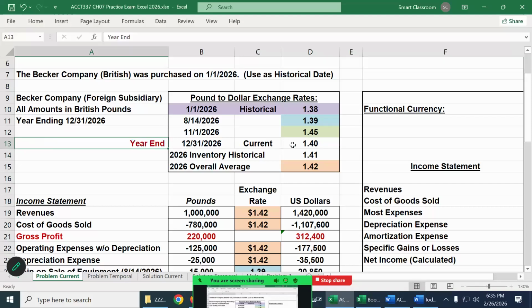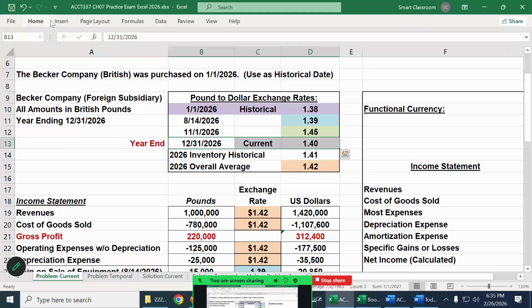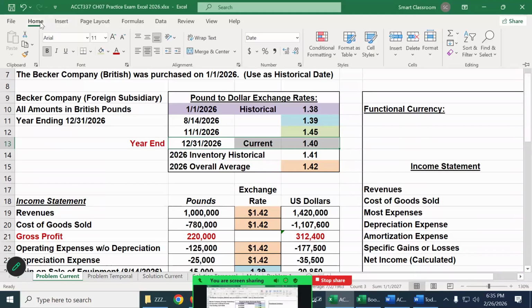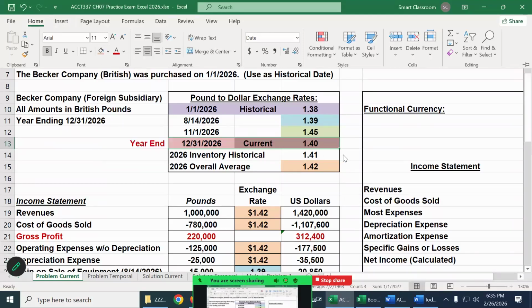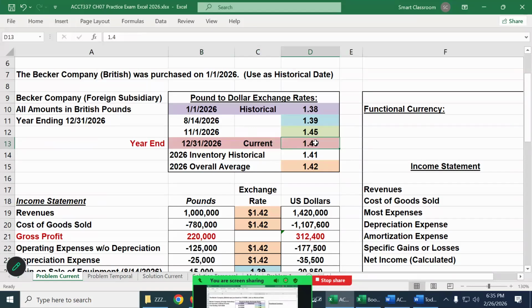That is what we're going to use for all the stuff on the balance sheet. At the end of the year, what is this stuff worth on the balance sheet? And again, these are still in whatever the local currency is, so these are not transferred into US dollars.